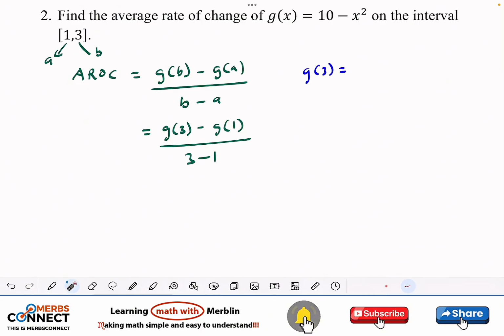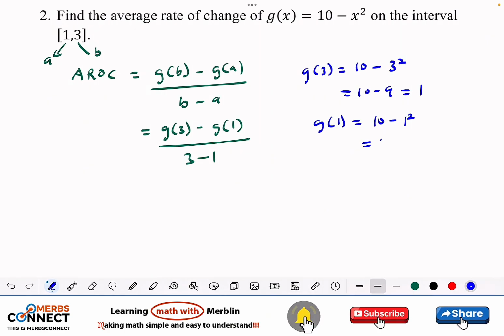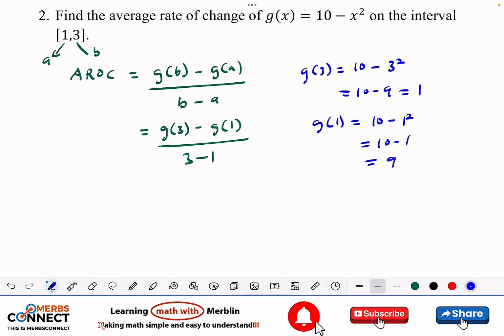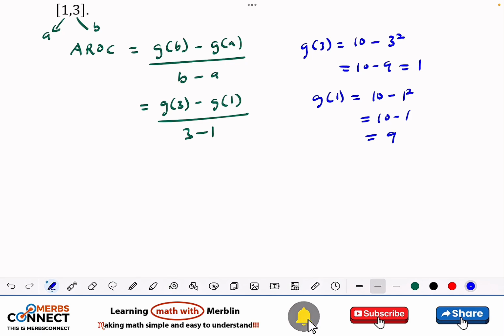Gen of 3 is equal to, let's plug that one inside this. This is going to be 10 minus 3 squared, which is 10 minus 9, and this is going to give us 1. What is gen of 1? This is 10 minus 1 squared, and this will be 10 minus 1, and this is going to give us 9.